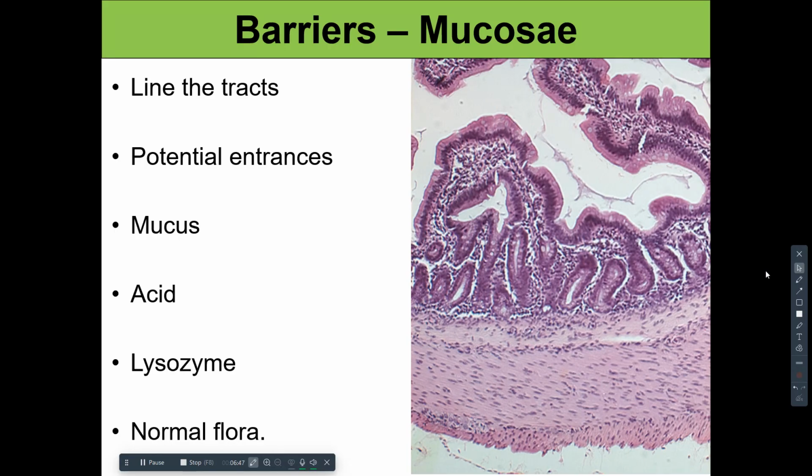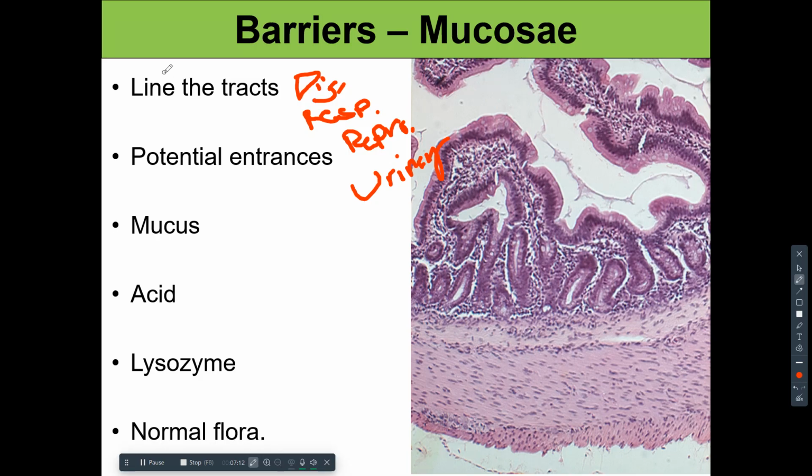Okay, more barriers. Remember, we've got four major tracts: digestive, respiratory, reproductive, and urinary. And all of these tracts are constantly being invaded by microorganisms.